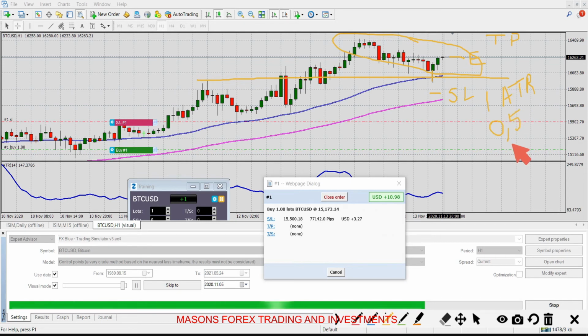You can try 0.8 as the ATR for stop loss. So the most important thing, whatever decision you decide to make, make sure it's consistent. So if you're using 0.5, you can use 0.5 throughout the Bitcoin chart and simulate it and get results.